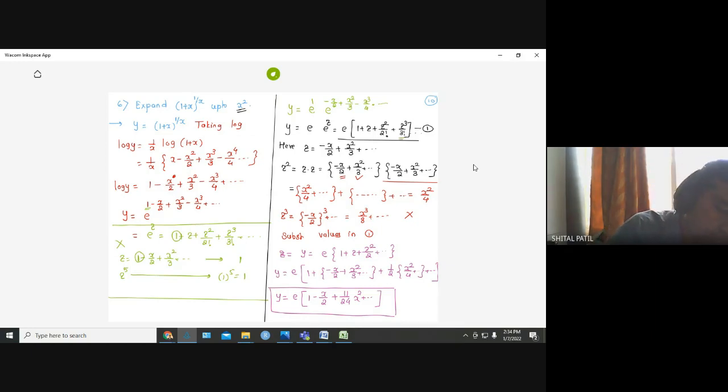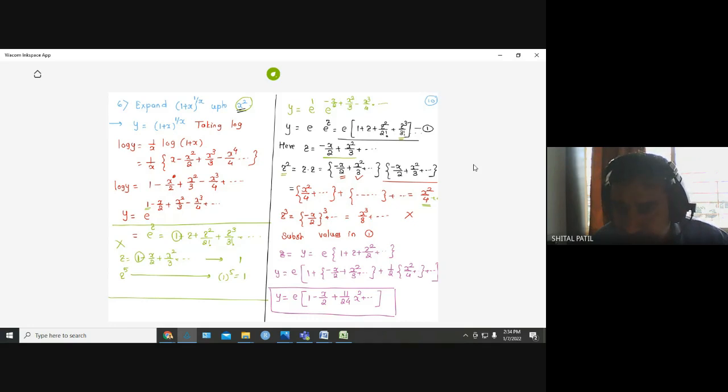Our aim is to get expansion up to x square only, right? Then we started with the z. In case of z, we are getting two required terms, minus x by 2 and x square by 3. In case of z square, we are getting single term, x square by 4. Other terms are there, but they are higher degree terms, and we are not considering higher degree terms.